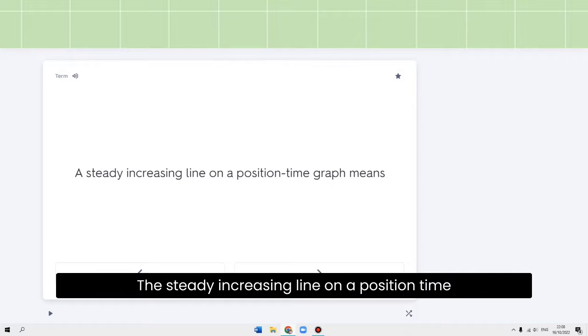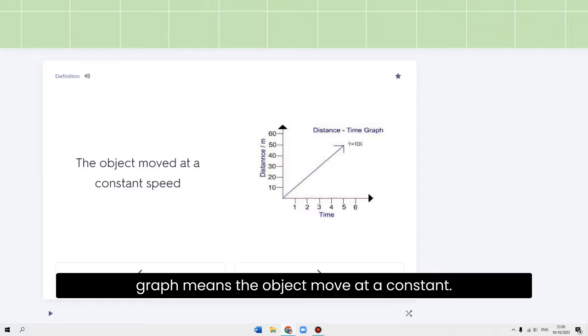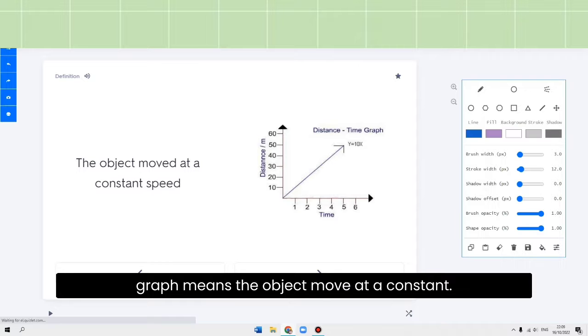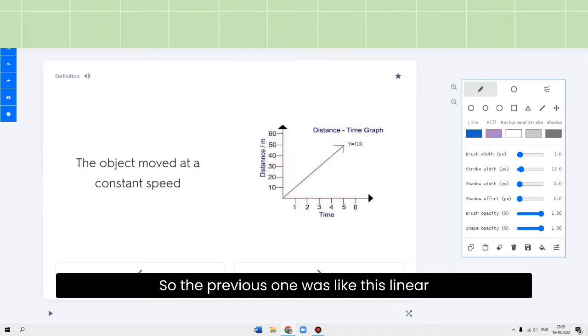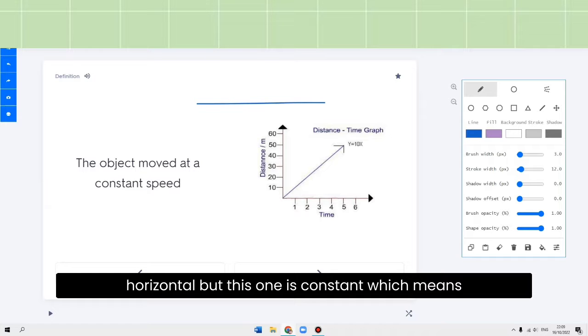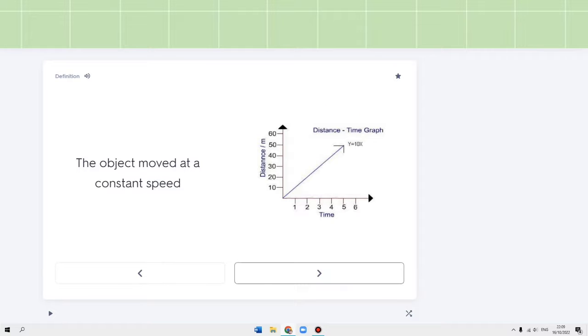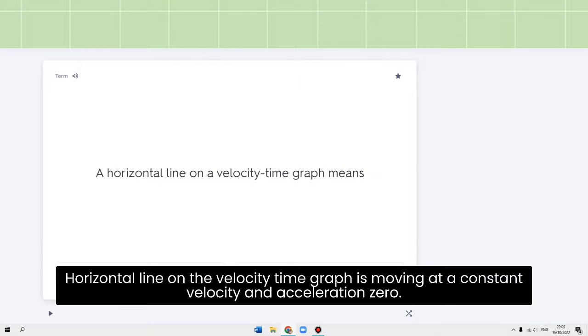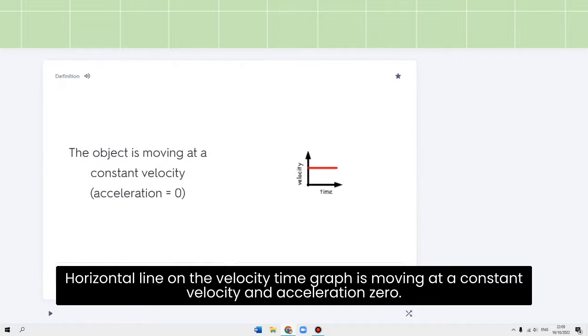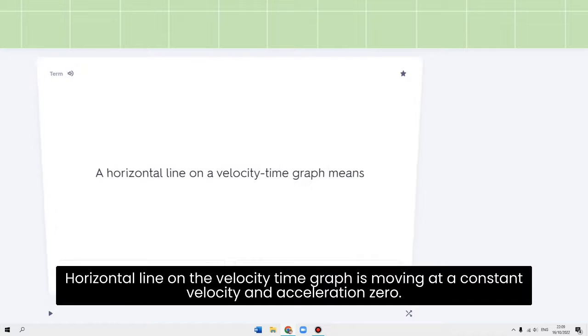A steady increasing line on the position-time graph means the object moved at a constant velocity. The previous one was a horizontal line, but this one is constant, which means it slowly goes up in a constant way and doesn't change. A horizontal line on the velocity-time graph means it is moving at a constant velocity with acceleration 0.